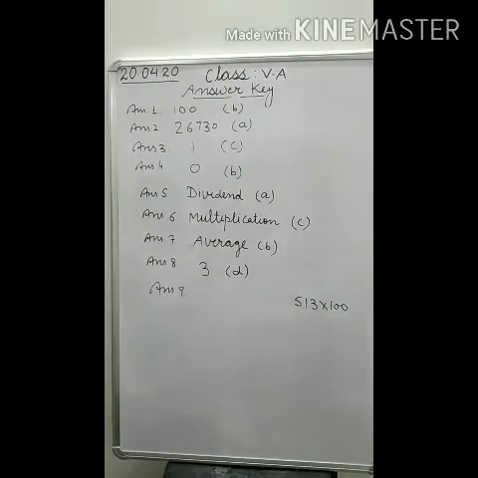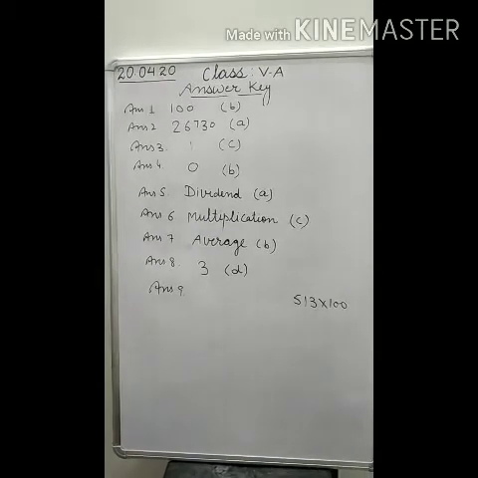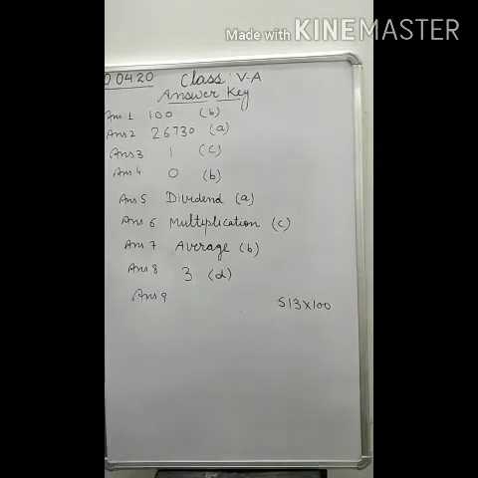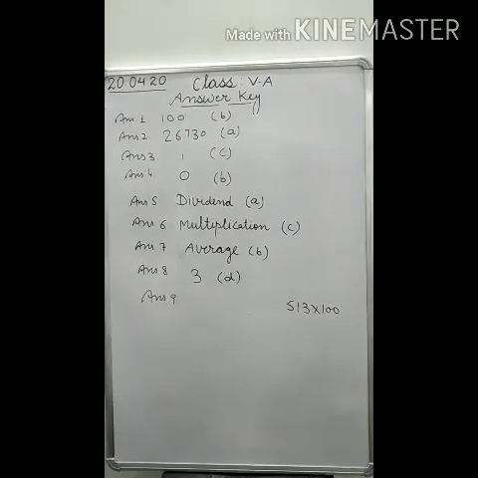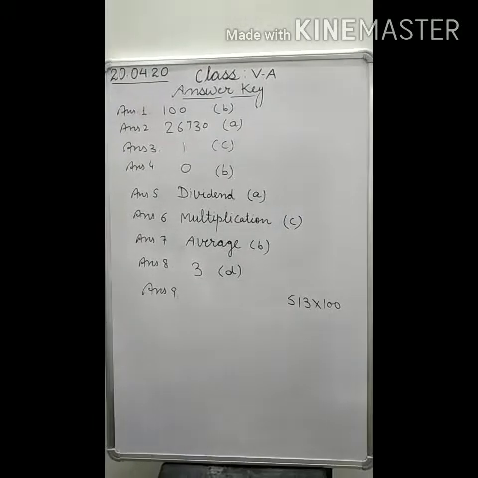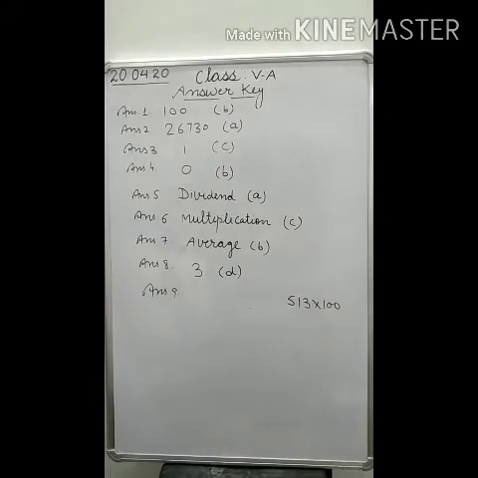If any number is multiplied by 10, then what will be the product? The product will be the number as it is, plus we add an extra 0 at the end. That will be the product of multiplication by 10.